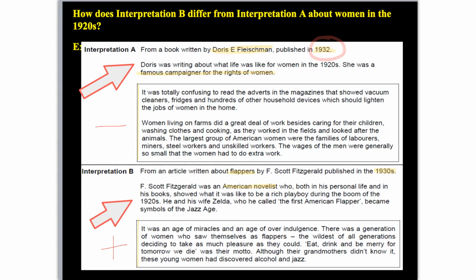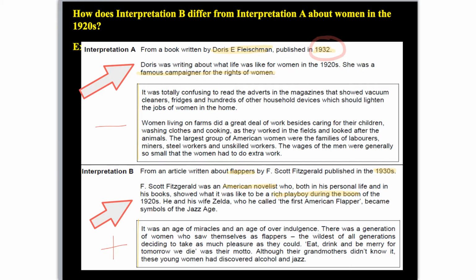Maybe to entertain, maybe to ensure that there's some relief from the drudgery of life in the 1930s, with everything that was going on. So he was an American novelist who, both in his personal life and his books, showed what it was like to be a rich playboy during the boom.